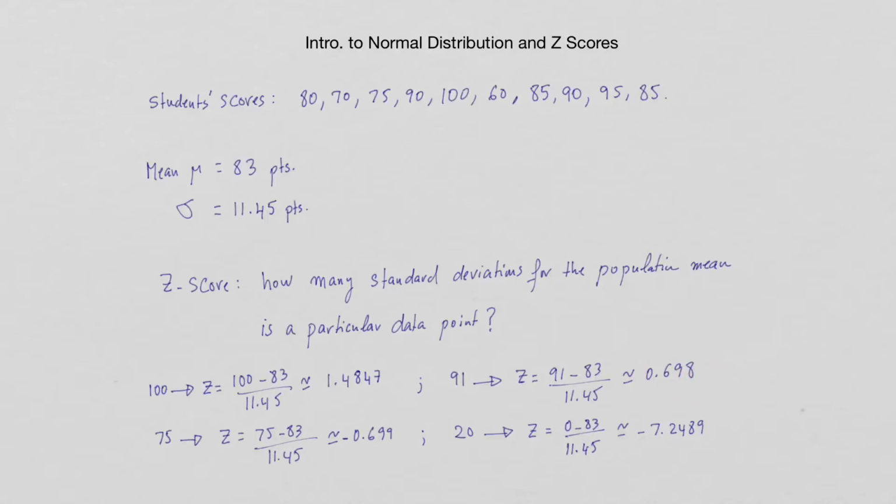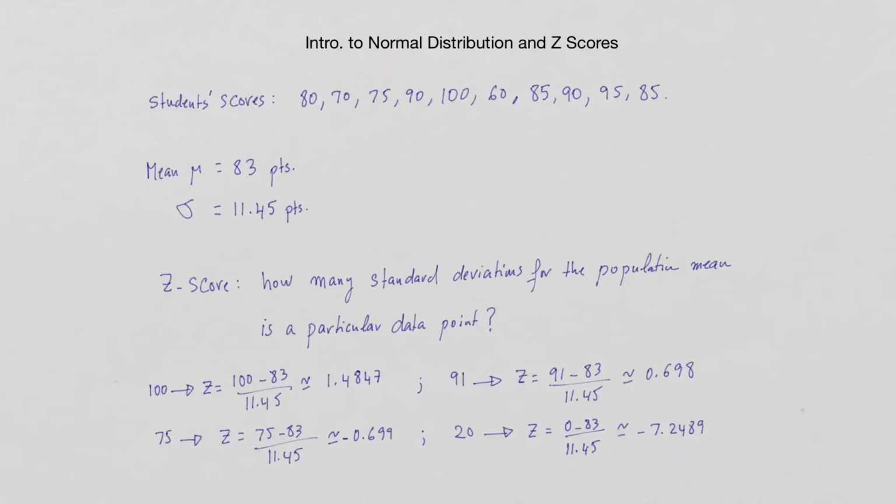Now notice that the Z-score for 100 and the Z-score for 91 are both positive. It makes sense because 91 and 100 are above 83 in the first place. So a positive Z-score means 100 is definitely above 83, right? Conversely, I'm interested in the Z-score that represents 75.